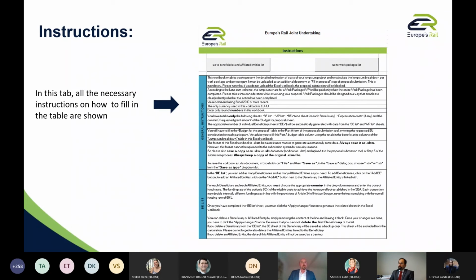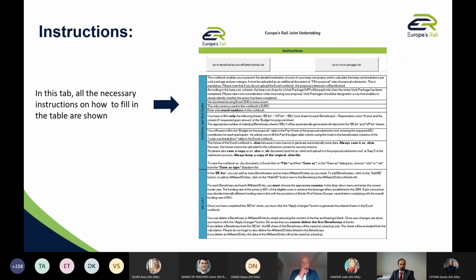Okay, so in the package of the proposal, there are two templates to be filled in. The first one is the financial Excel table, which is required for all. And then there is a last template that I will explain after, only applicable to the members of the program. The financial Excel table contains multiple tabs, allowing to clarify how many beneficiaries we will have, if there are affiliated entities, what the funding rates are, the different cost categories, and so on.